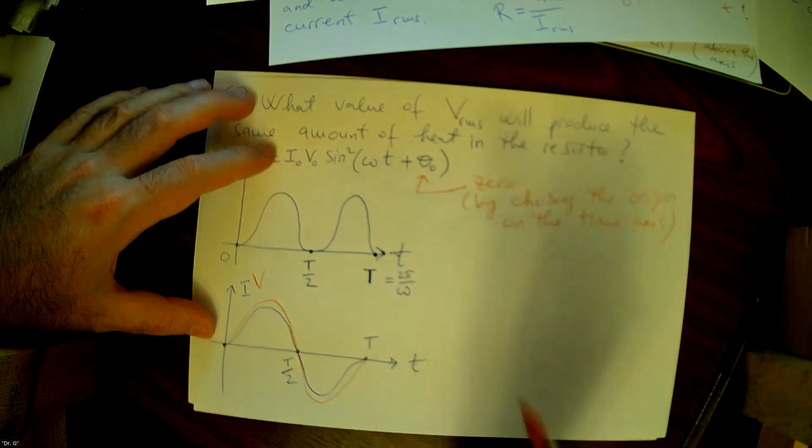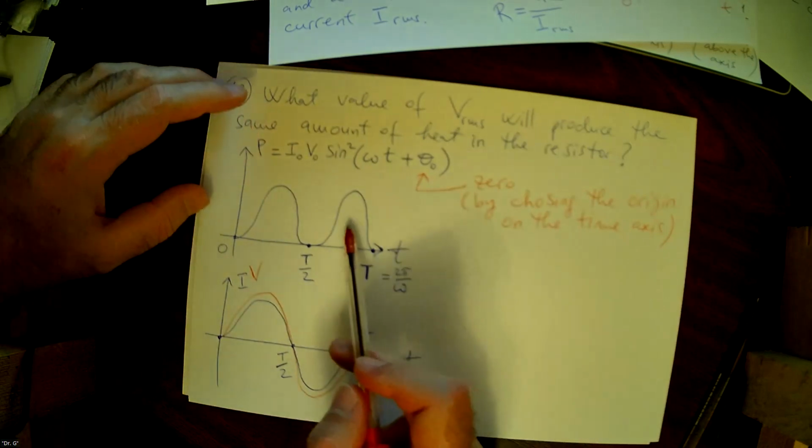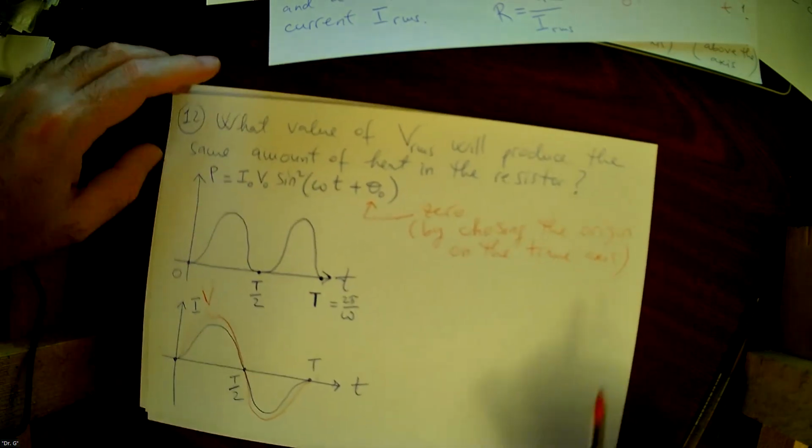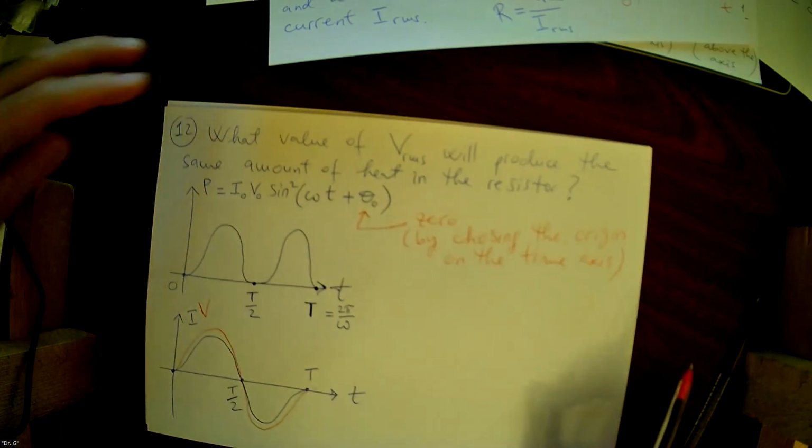And of course, negative times negative gives me positive. This is why the power is always positive.